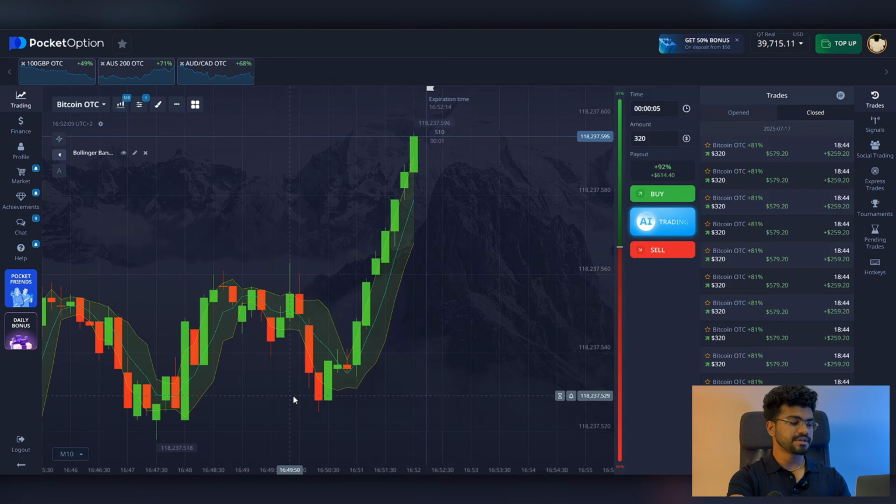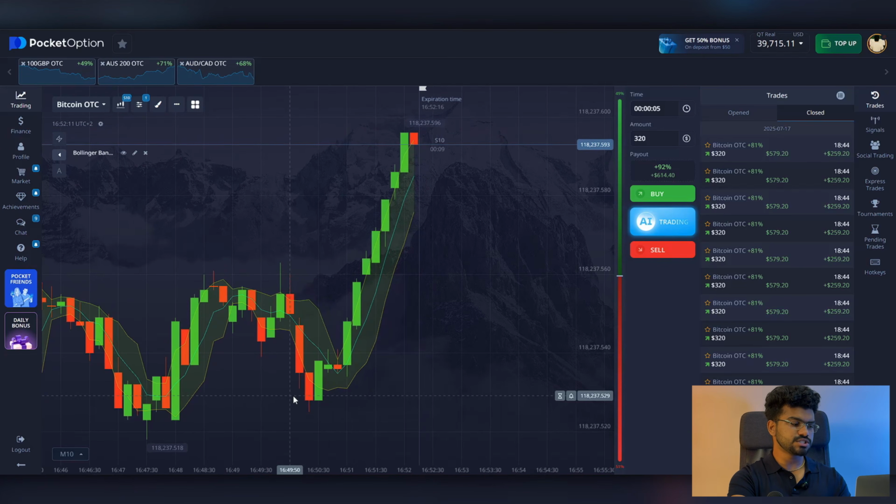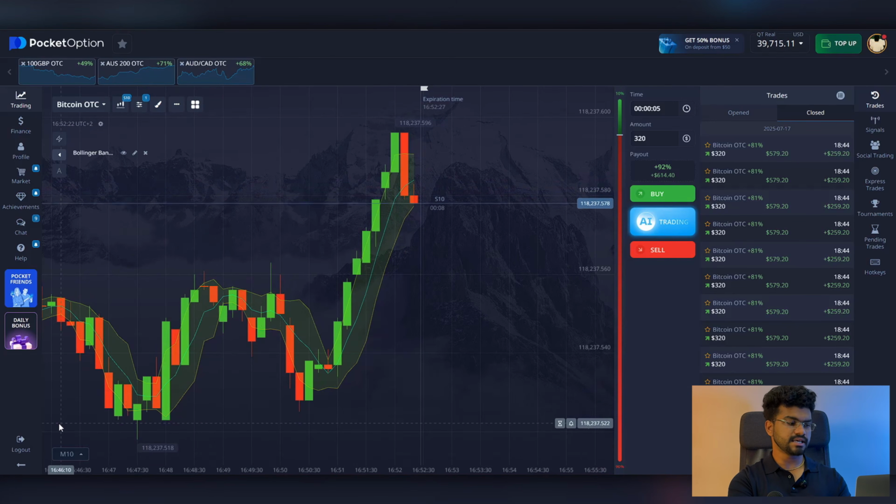So remember, this area is just for viewing the chart differently, and this is not setting the time for trading. This here helps you read the market more clearly and make smarter decisions based on your analysis.